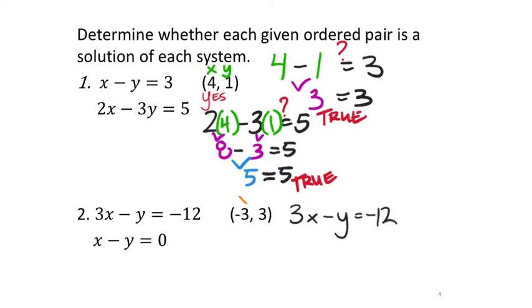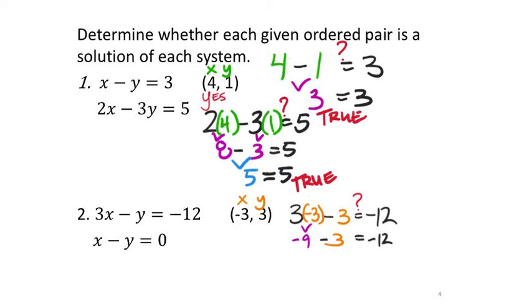Once again, they give us an x and a y value here, so I'll go into the equation. The x value is negative 3, so replace the x letter with the number negative 3, and the y value here is 3. Checking for truthfulness, I got 3 times negative 3, which is negative 9, and still minus the 3 there. This needs to equal negative 12.